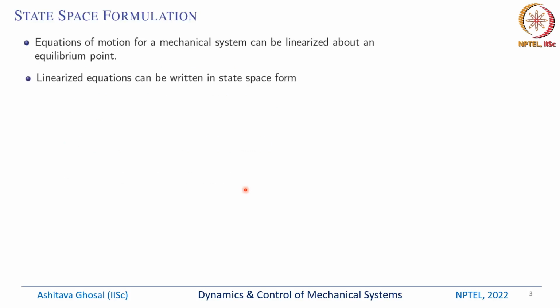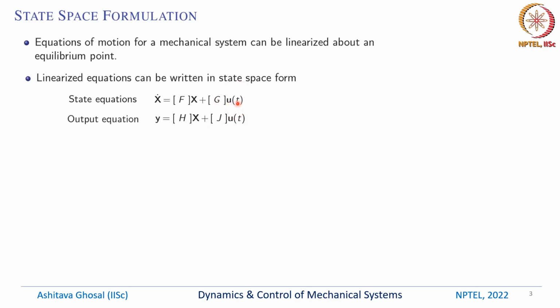So again, the equations of motion for a mechanical system can be linearized about an equilibrium point. The linearized equations can be written in the state space form. So the state equations are of the form x dot equals Fx plus Gu(t). The dimension of x is n by 1, so hence the dimension of F is n by n. The output equations can be written as y is equal to Hx plus Ju.